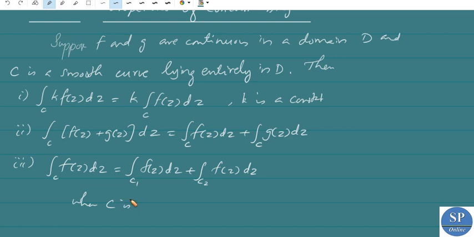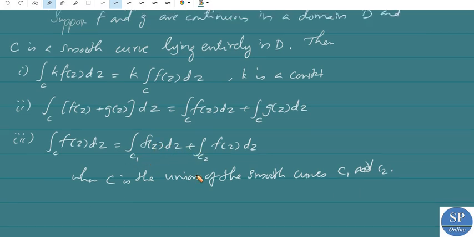That is, if C is the union of the two smooth curves C1 and C2, then we can write the integral over C of f of z dz as the sum of integrals over the separate smooth curves, the integral over C1 of f of z dz plus the integral over C2 of f of z dz.